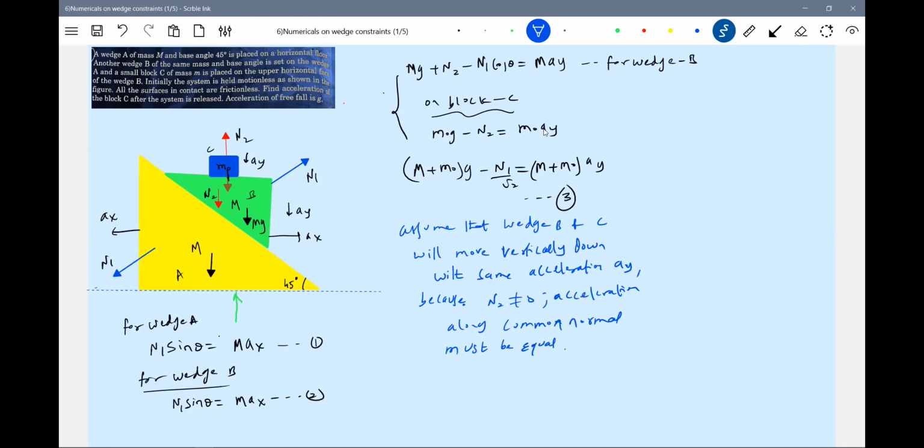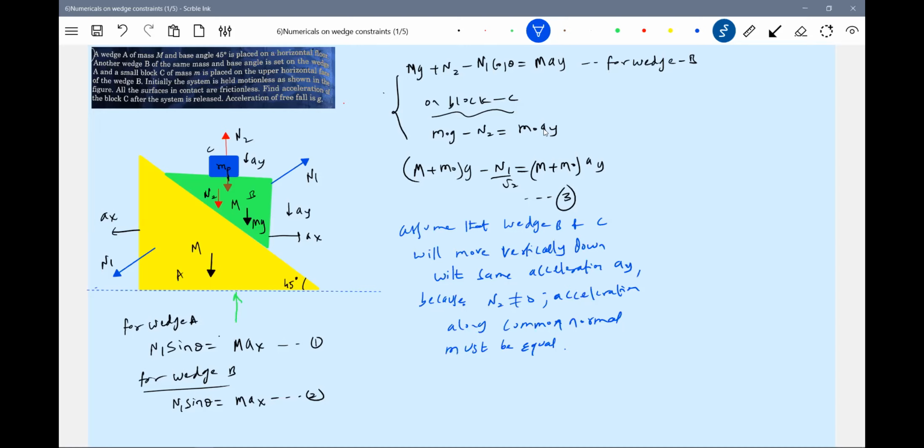Now let's analyze what the unknowns are. You start counting the unknowns: N1, N2, ax and ay. Am I right? ax, ay, N1 and N2. So we need more equations.